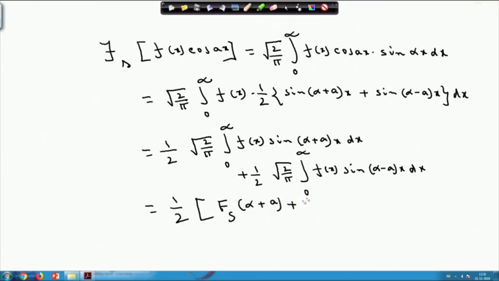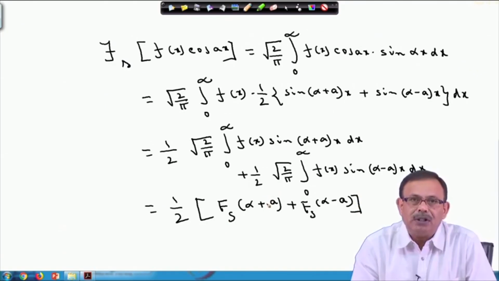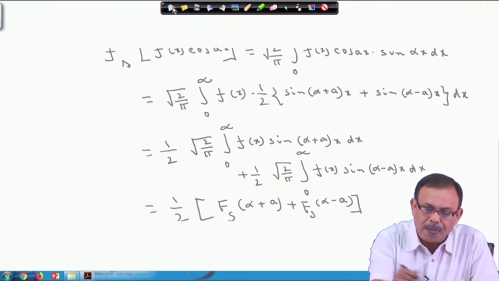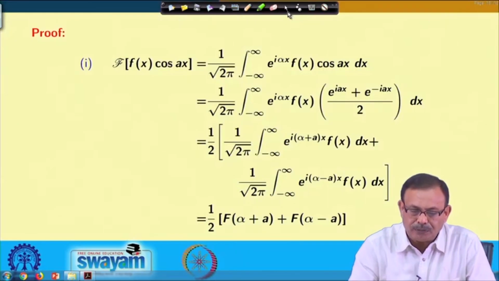And similarly, the second integral is nothing but the Fourier sine transform of alpha minus a, so this is half into Fourier sine transform of alpha minus a. So you see here, the Fourier sine transform of f x cos ax is equal to half into Fourier sine transform of alpha plus a plus Fourier sine transform of alpha minus a. So, just quickly let us see. This was the proof of the first one.